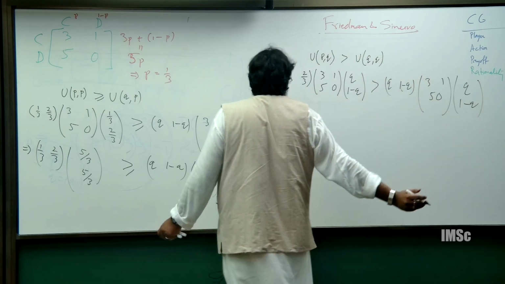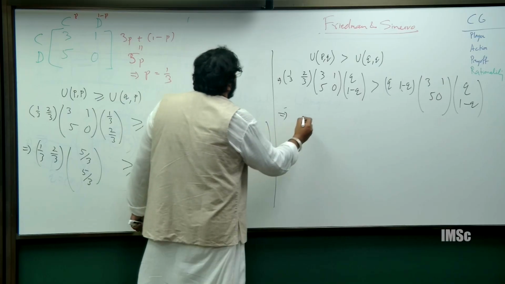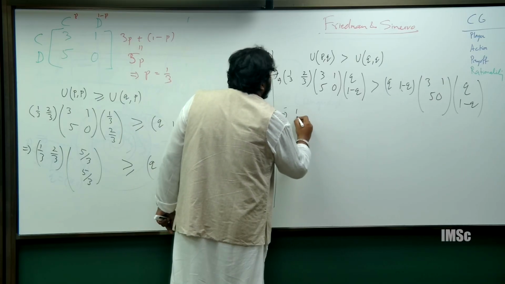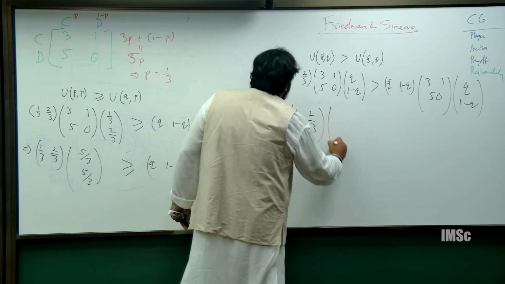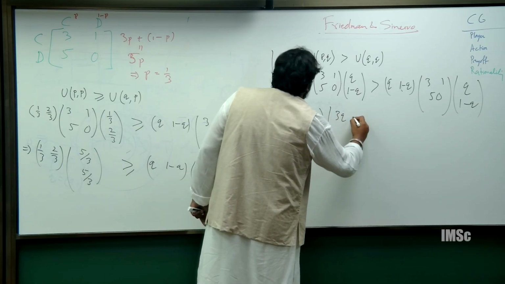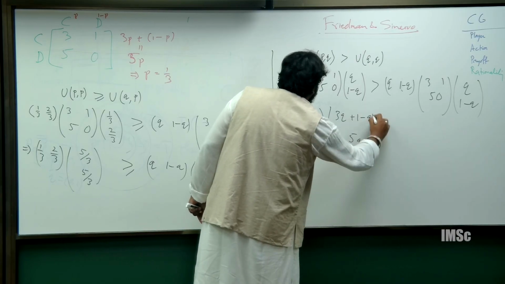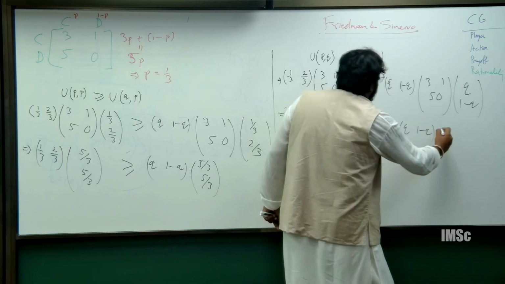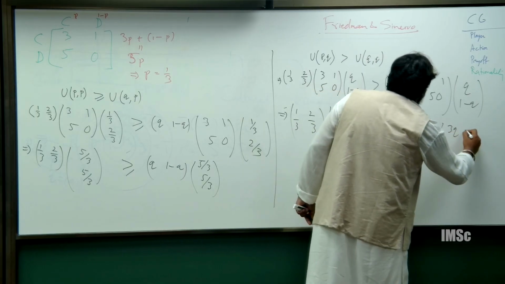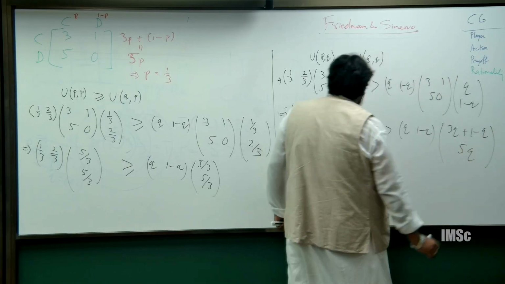You can also do it on your own and we can match what we get at the end of the day. So, this is 1/3, 2/3, 3q plus 1 minus q, 5q, 3q plus 1 minus q, 5q.